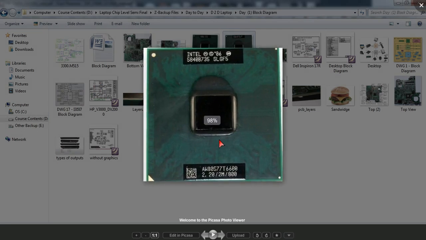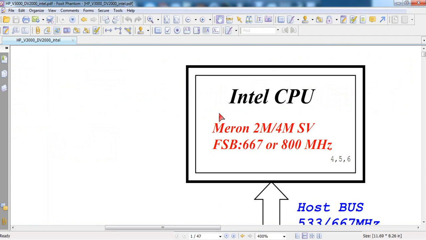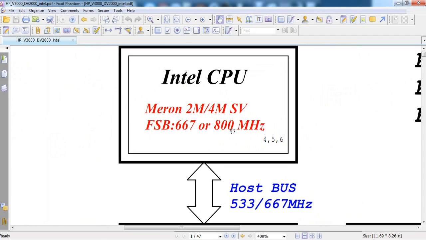This is one more processor type: a 2.2 GHz processor, 2 MB L2 cache memory and 800 MHz FSB. This motherboard requires 2 MB or 4 MB L2 cache memory with 667 or 800 MHz.